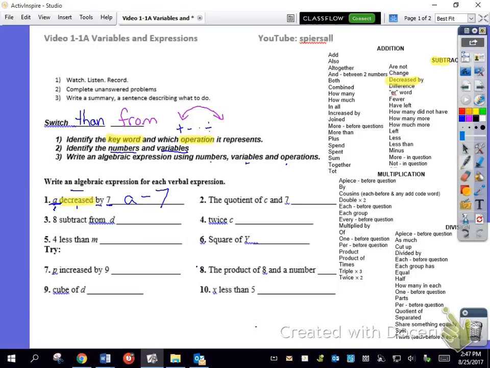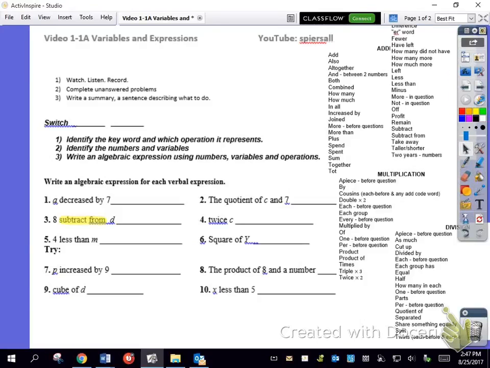Okay? Next one that we have, and I'm just going to clear that off so we can do that again on number 2. Subtract from. Okay, subtract from. So look through, where do you see subtract from? And you'll look, subtract from, that is on the subtraction. It says from.